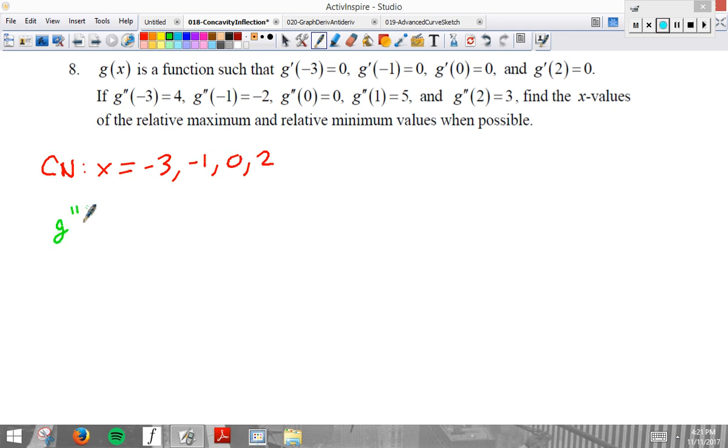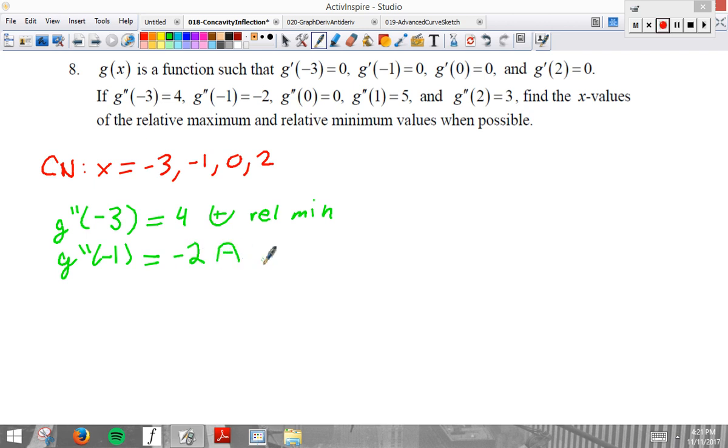So since we have g double prime, I'm going to plug these numbers into g double prime. g double prime of -3 is 4, so that's positive, a relative min. g double prime of -1 is -2, which is negative.